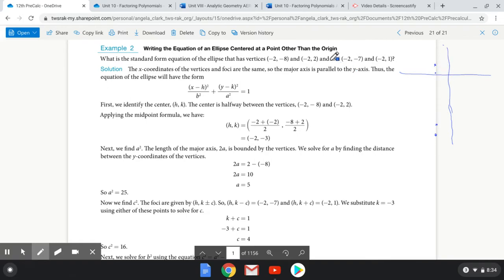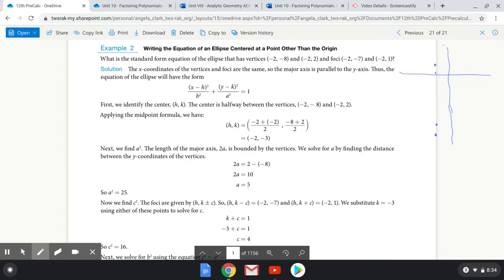If we were given vertices and foci and they were in line in the x direction, then that would be our major axis. We could be given any number of things. They could have given us the vertices and the covertices. They could have given us the covertices and the foci. They could give us any combination of things.